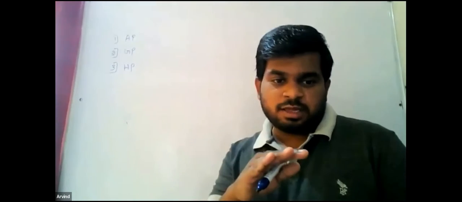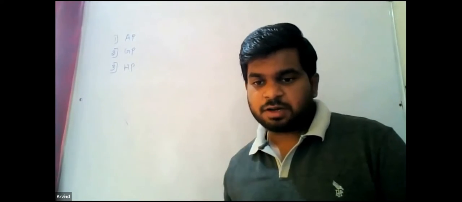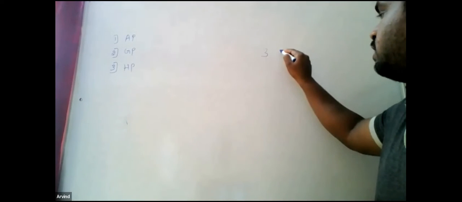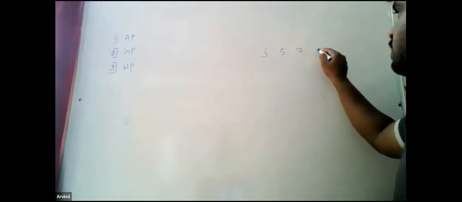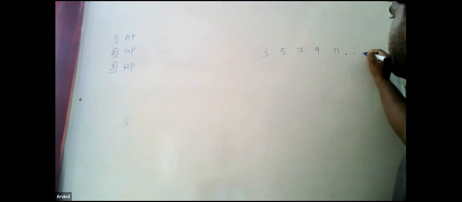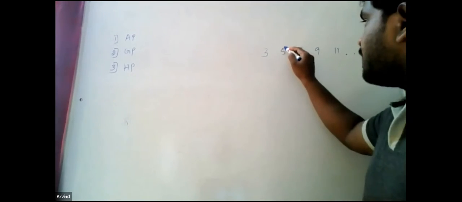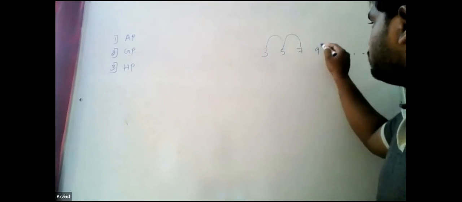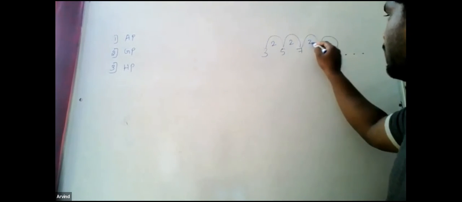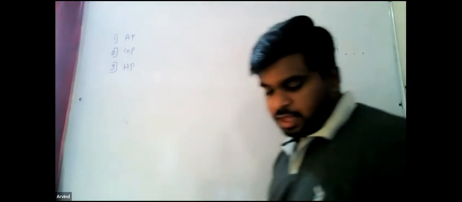For example, let's take the sequence 3, 5, 7, 9, 11, and so on. This is an AP. Why? If you subtract a term and its preceding term, you will get a common difference. See, you are getting a common difference. Therefore, this is an AP.